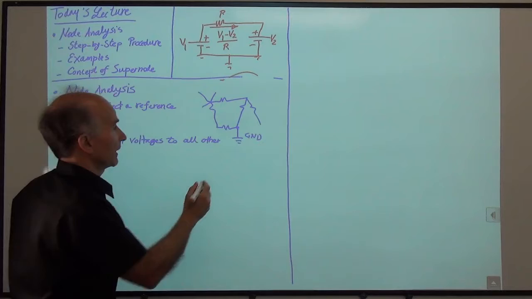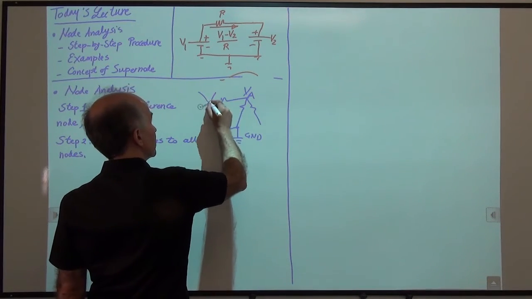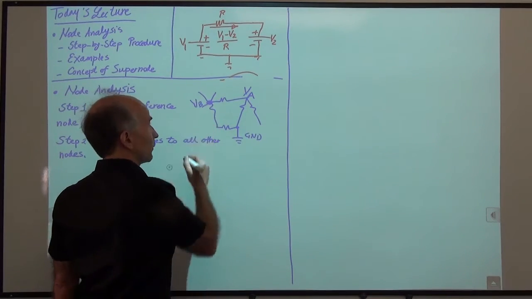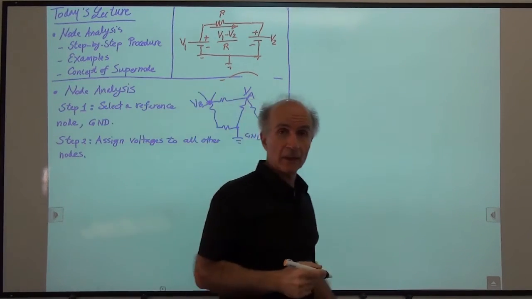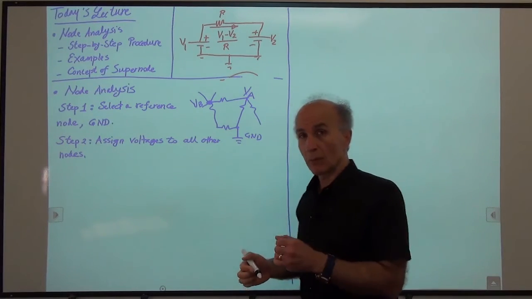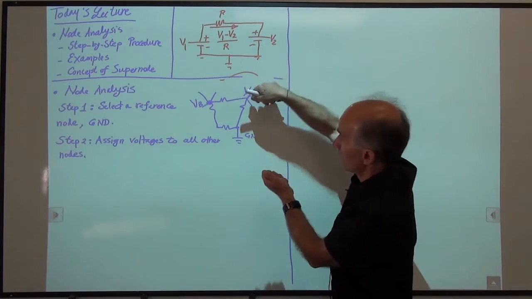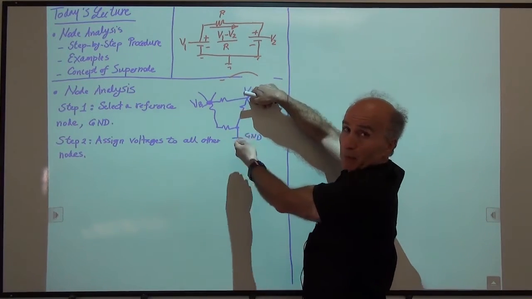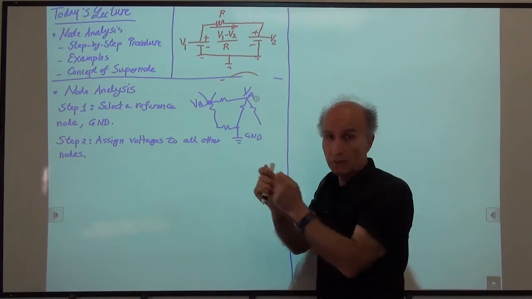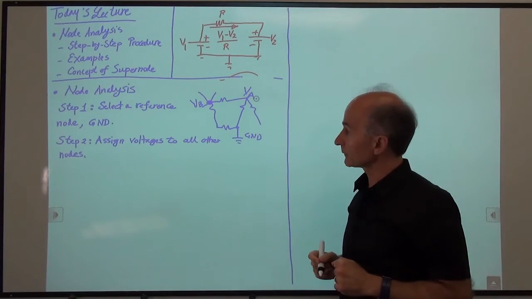So for example, I may say the voltage at this node is VA, the voltage at this node here is VB. And what that really means is that each of these voltages is measured with respect to ground. So when I say I have VA volts here, it means I put a voltmeter between this point and this point, and I measure VA volts. And I put a voltmeter between this point and this point, and I measure VB volts. So a voltage is always measured between 2 points.